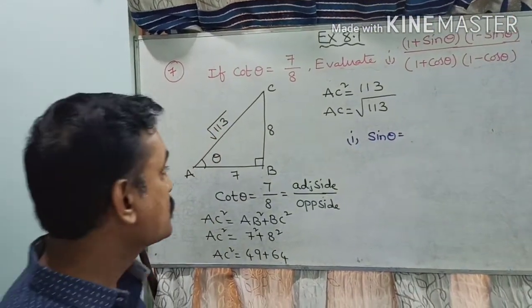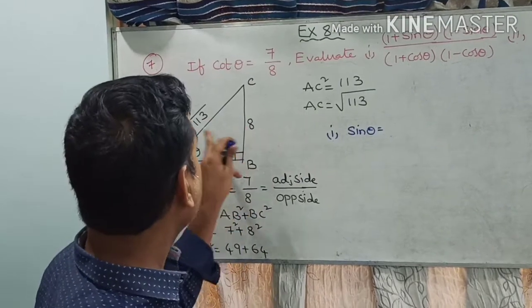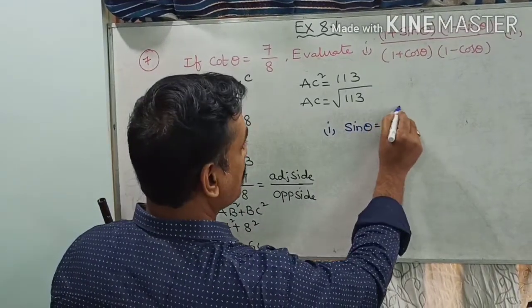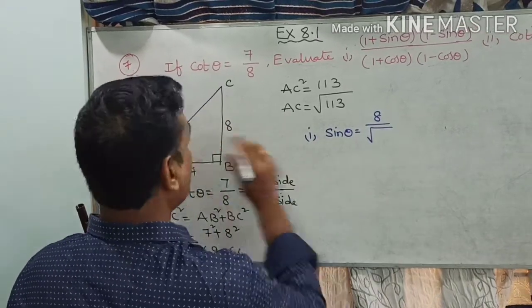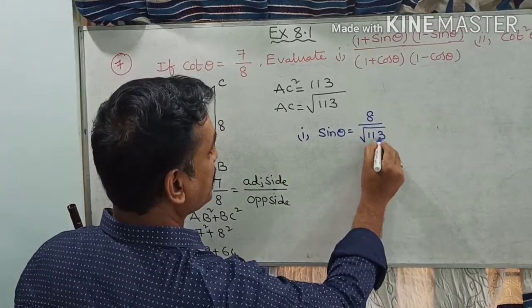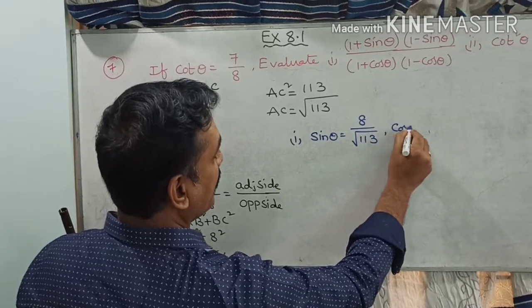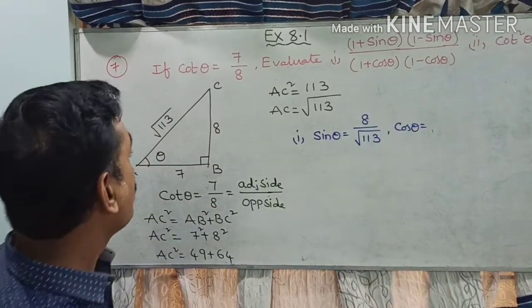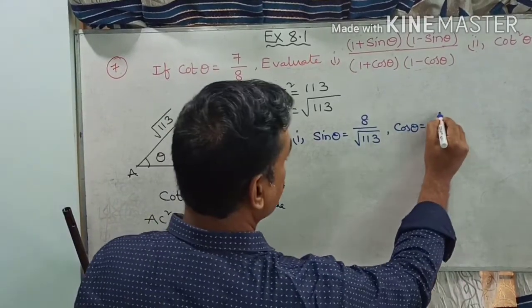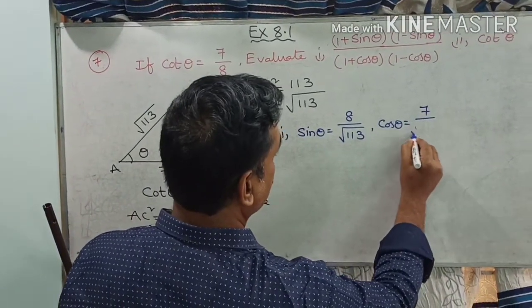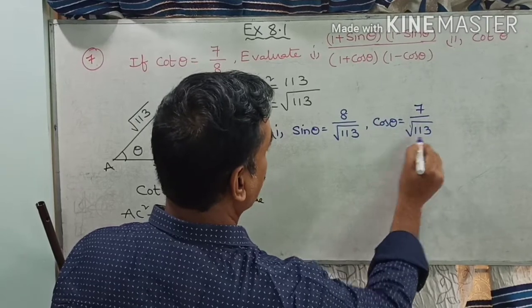So the opposite side is 8 and the hypotenuse is root 113, and cos theta equals adjacent side by hypotenuse, so 7 by root 113.